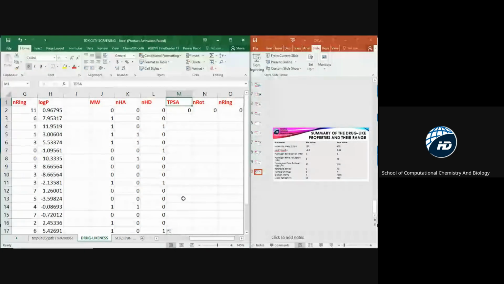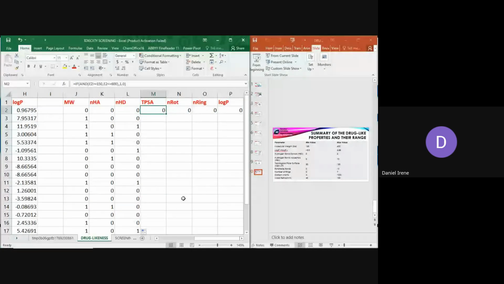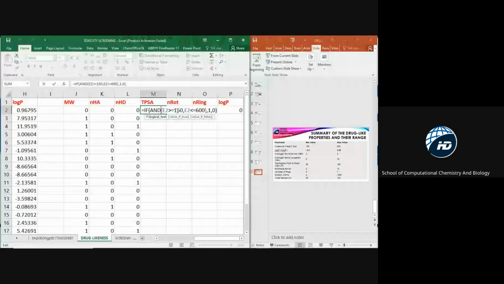It's not easy. TPSA is saying 20 to 150. So you edit the range, 20 to 150.